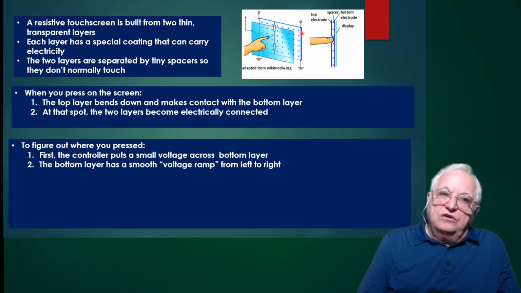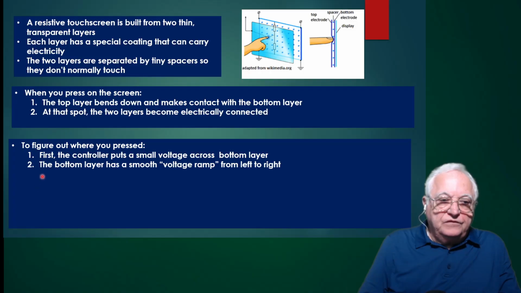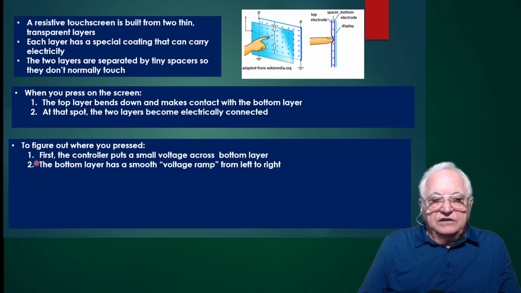And that's because the coating that the screen has, the transparent screen, the resistivity changes in that coating as you move from left to right. So like they note here, the bottom layer has a smooth voltage ramp from left to right.